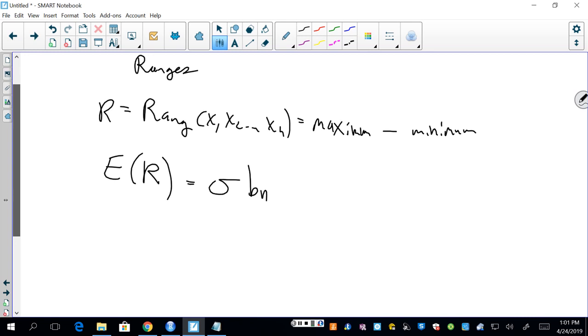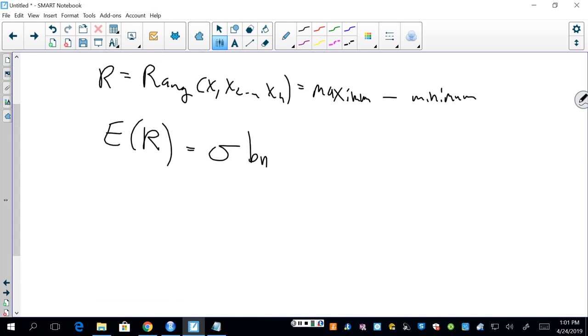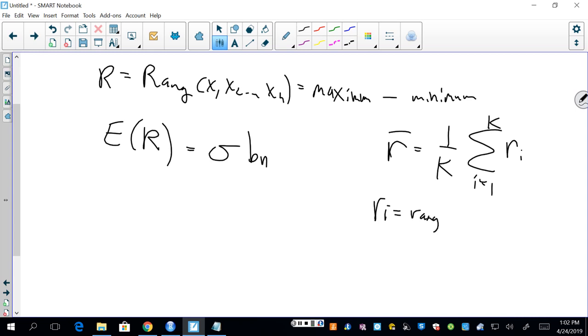So the entire range of a data set is usually a little bit larger. Right? And so if R bar is the average of the ranges across your time periods, right? So R sub i is the range in time period i.